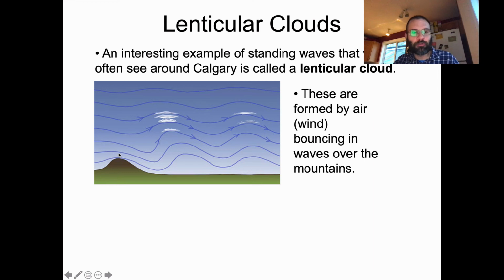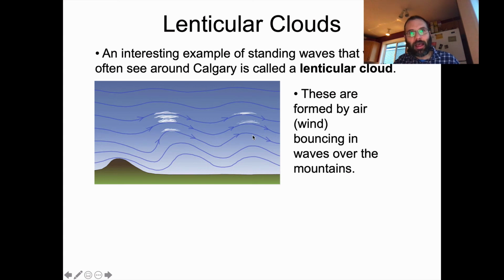Wind can bounce over the Rocky Mountains, and then it forms a standing wave pattern where we're getting that bounce as it goes over the plains. And when the wind bounces up in response to the push by the mountains, it cools. And as it cools, the water in it will condense. So we get this interesting phenomenon such that the wind is blowing in some particular direction, and then it forms clouds in particular spots as it goes.